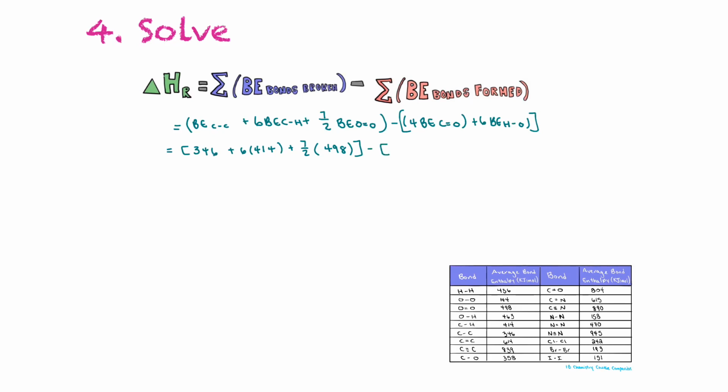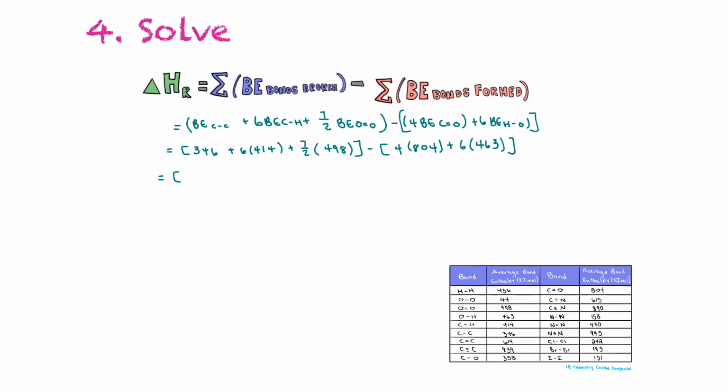And then we need to look at the bonds formed. So we need 4 times the carbon-oxygen double bond, which is 804, plus 6 times the hydrogen-oxygen, which is 463. And now we'll calculate that a little bit further.